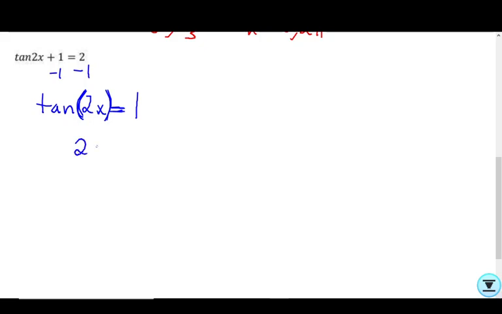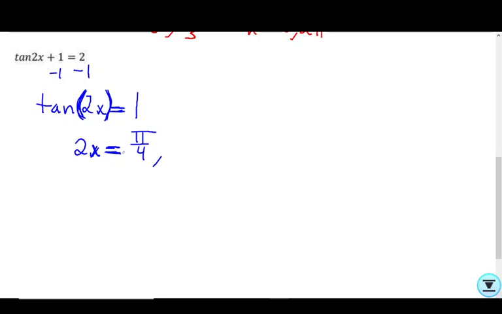So basically, right now, we start finding our solutions. We're trying to find where tangent is equal to 1. So I take this 2x, I put it here, and now I find the angles where tangent is positive 1. Well, tangent's 1 at pi over 4. Now, it's not positive 1 at all the pi over 4s, only in the first and the third quadrant.